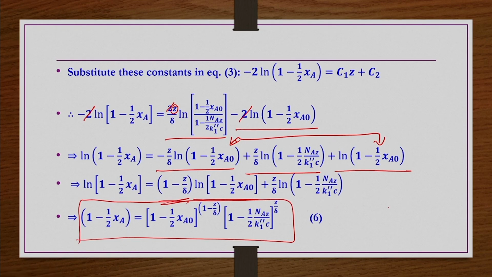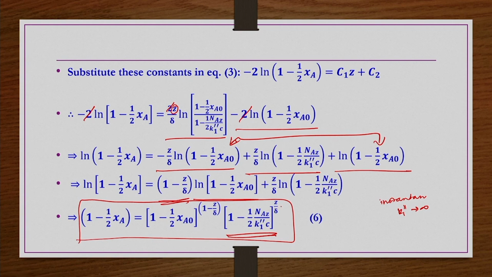Now, if the reaction is instantaneous, that means K1 double prime tends to infinity, very large. Then if K1 double prime is very large, 1 by K1 double prime would be 0. Under such a condition, this entire parenthesis term would be 1 minus 0, power something.